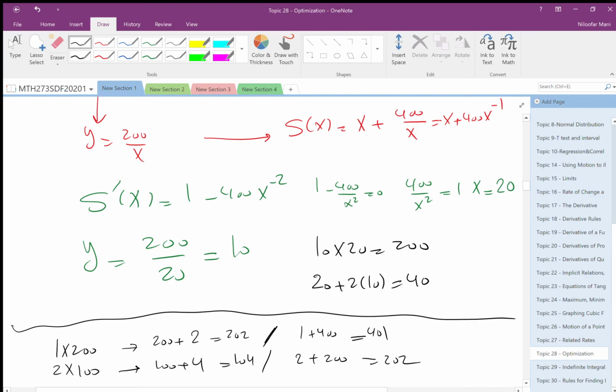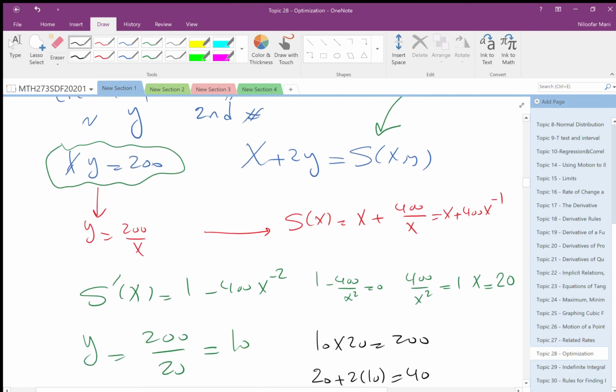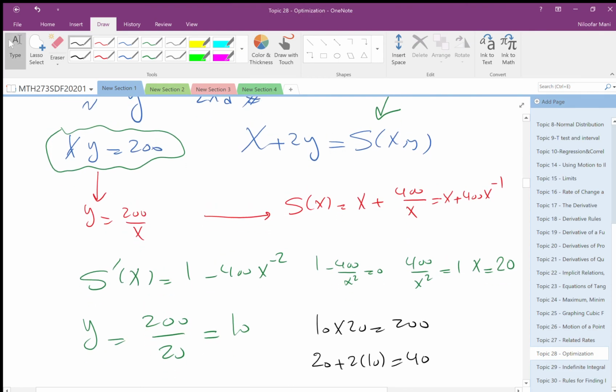See, if I go this way, it will be so time consuming, and maybe I don't see the right answer, and I'm not sure, but here I'm doing it mathematically. I am finding the equation I want to make minimum. I have two variables. I find another relationship, I find another variable, I remove one of the variables, and I substitute.